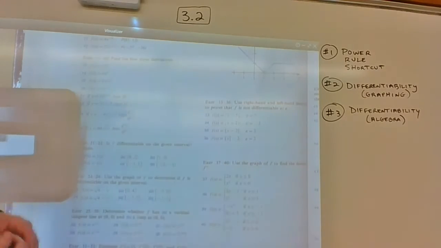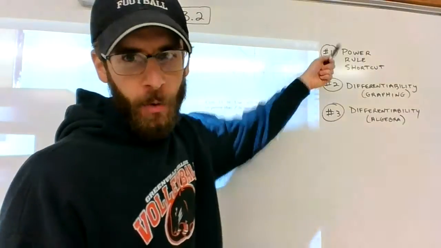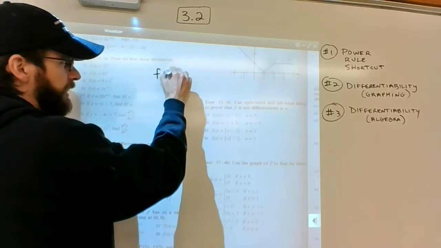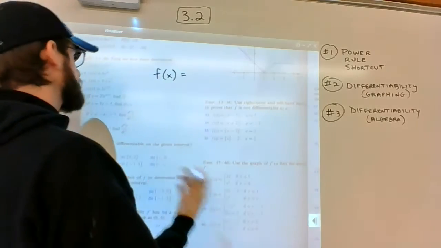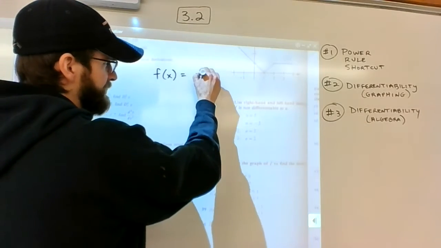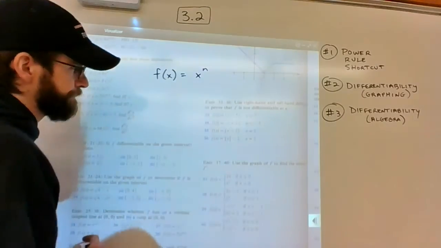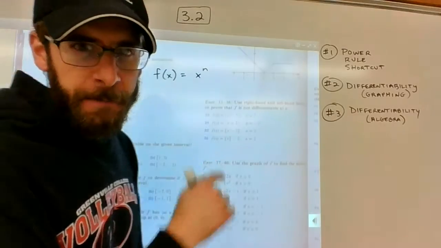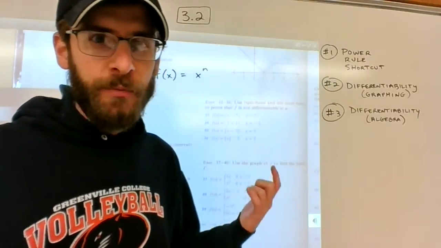If you recall, power rule was if a function can be written as, say, x to the nth power. We started out with just talking integers for n, but then we expanded it to be any real number.